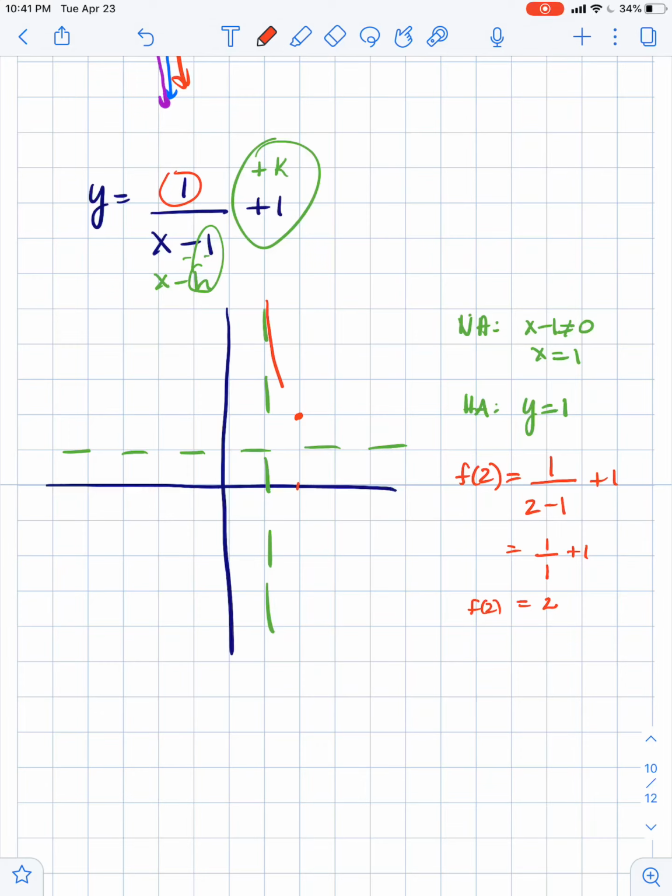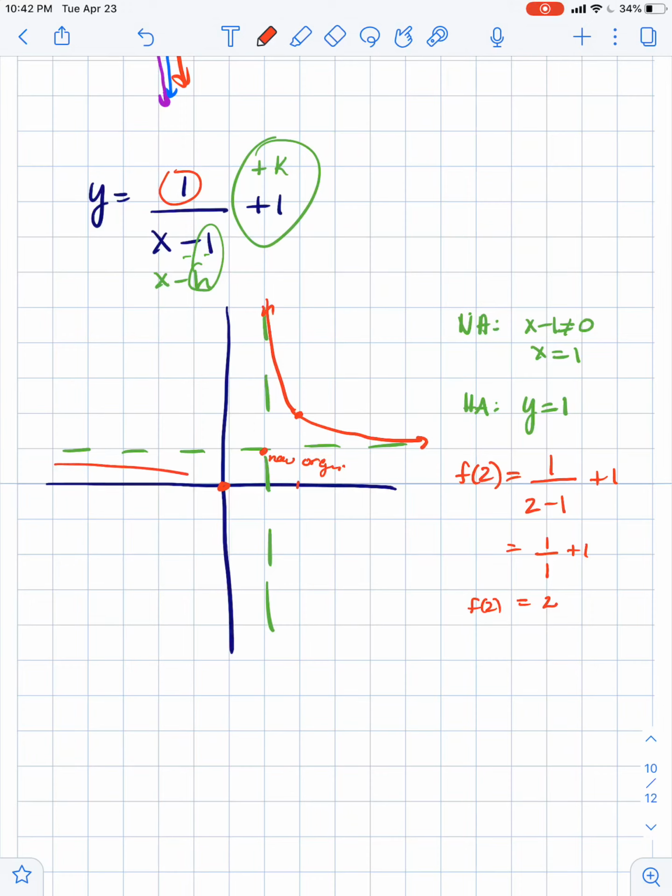And so that's going to come in and then set inside here. And now this kind of becomes my new origin. Think of that as my new origin. Okay? New origin. And so now my -1, -1 from there would be here. And that's going to set right inside there. Okay? And that's all you need to do.